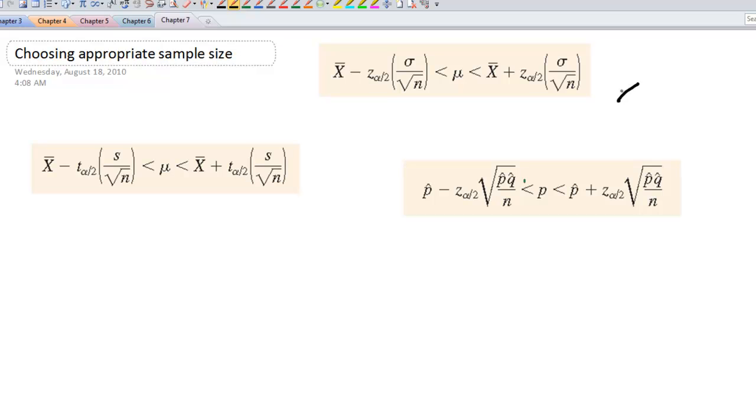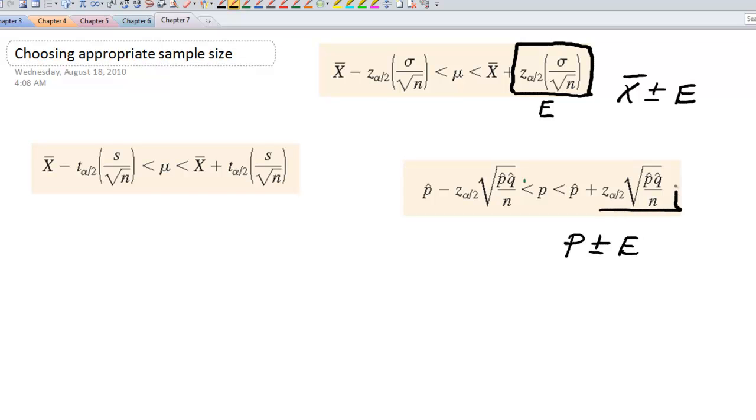It's x bar plus or minus e, where e is that term right there. Or down here it's p hat plus or minus e, where e is this term. And over here it's x bar plus or minus e, where e is this term.